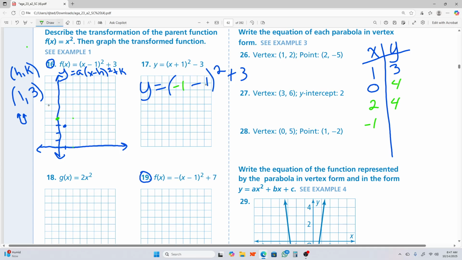Negative 1 minus 1 is negative 2. Negative 2 squared is going to be positive 4. You can check it on the calculator. 4 plus 3 is 7. So where x is negative 1, y is 7. 1, 2, 3, 4, 5, 6, 7, right here.